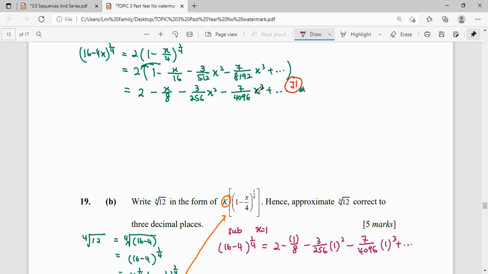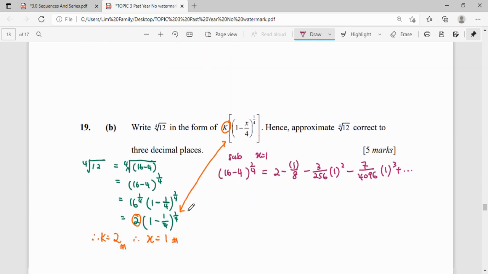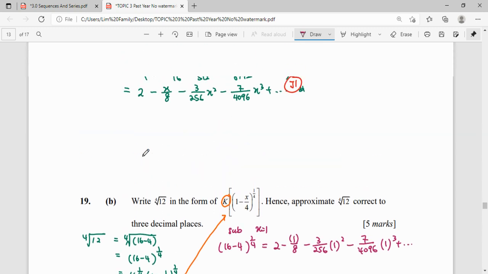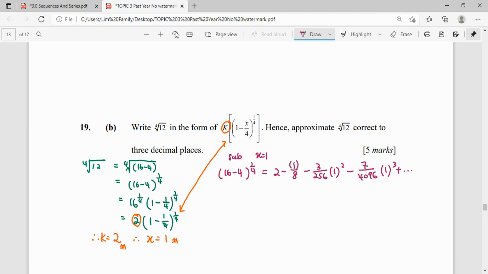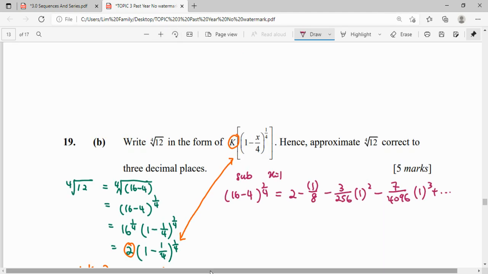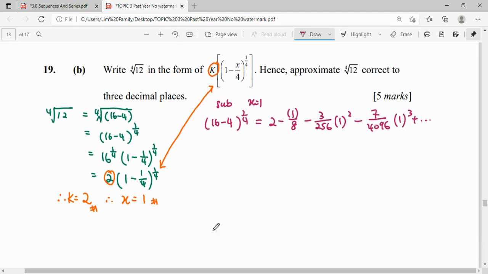Okay, that shows how you substitute: substitute to the left hand side, substitute to the right hand side. On the left hand side, the value of 1 comes from this title, so we substitute back into 16 minus 4x. After we substitute, we calculate. For this part, it straight away gives us 12 to the power of 1 over 4.